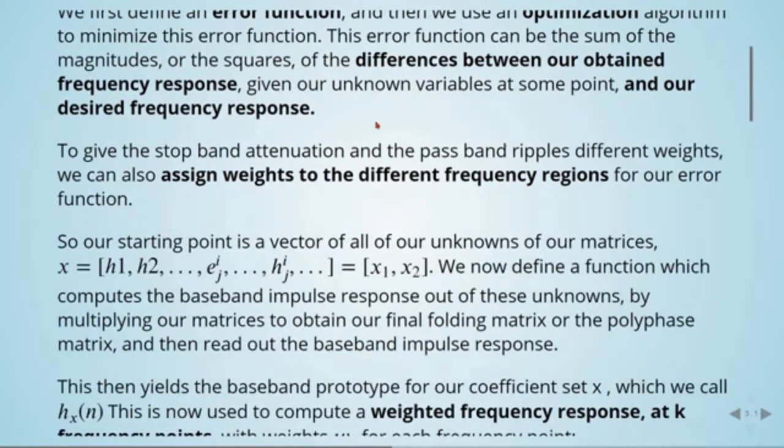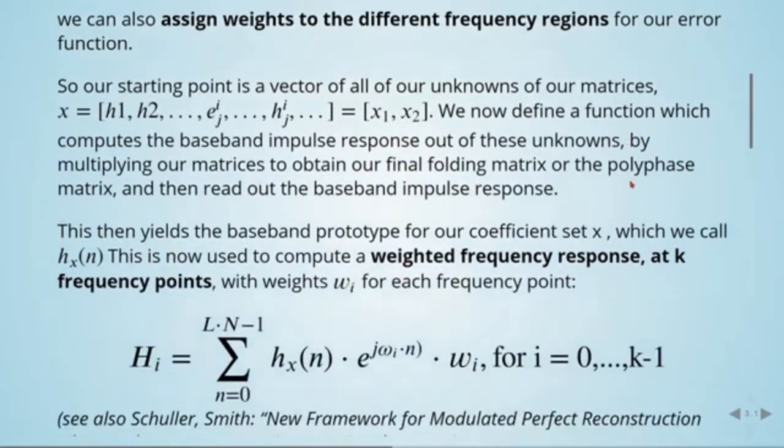Our starting point is a vector of all the unknowns of our matrices. This vector is called x. Now we define a function which computes the baseband impulse response from these unknowns, by multiplying our matrices to obtain our final folding matrix or the polyphase matrix, and then reading out the baseband impulse response.